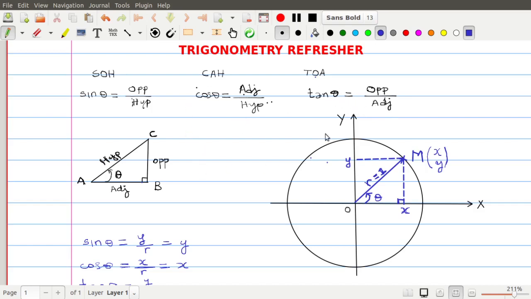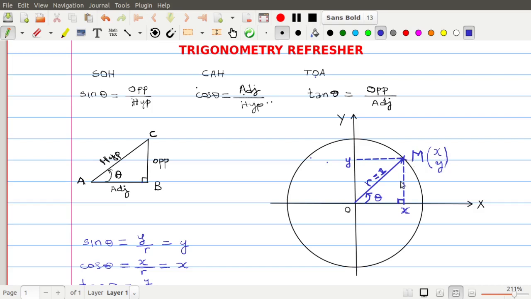Now, back to our circle. If you draw a circle in a plane, referenced by the axes X and Y, if you take a point M lying on the circle, we can identify the position of the point M by its x and y components.